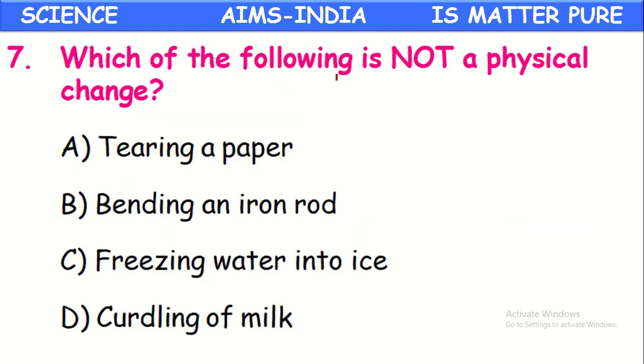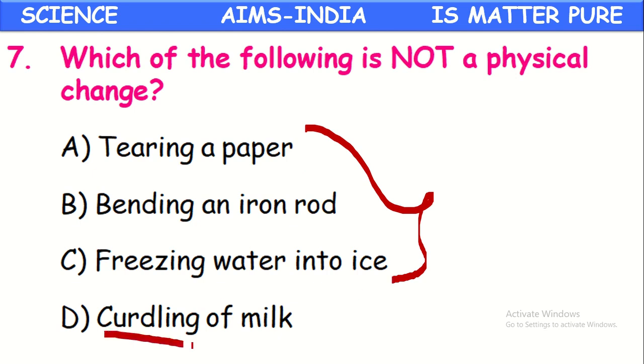Okay, next one. Which of the following is not a physical change? Tearing of paper, bending of iron rod, freezing of water into ice, curdling of milk. A change in which there is no change in the composition of the chemical substance is called a physical change. In these three processes, there is no change in chemical composition, just the state is changed.